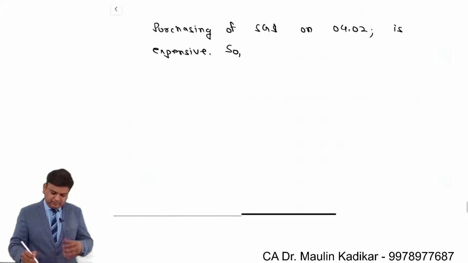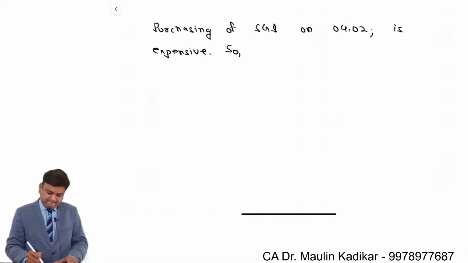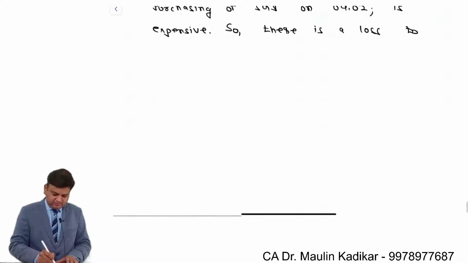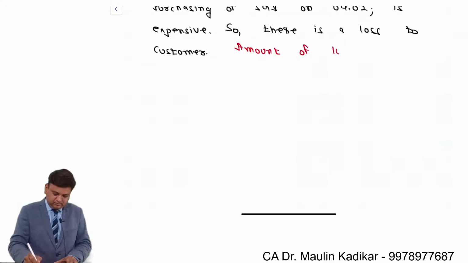So there is a loss to customer. Full stop. Amount of loss is calculated as under.